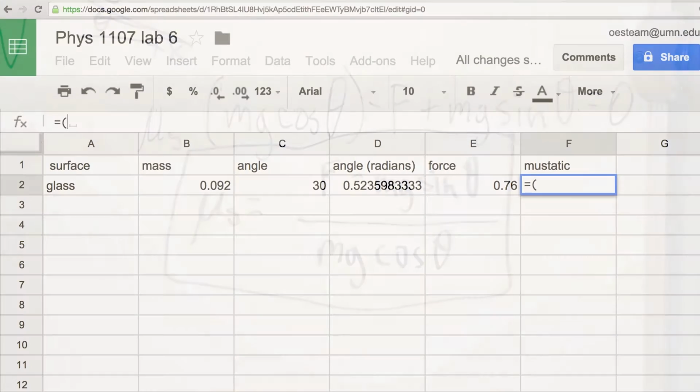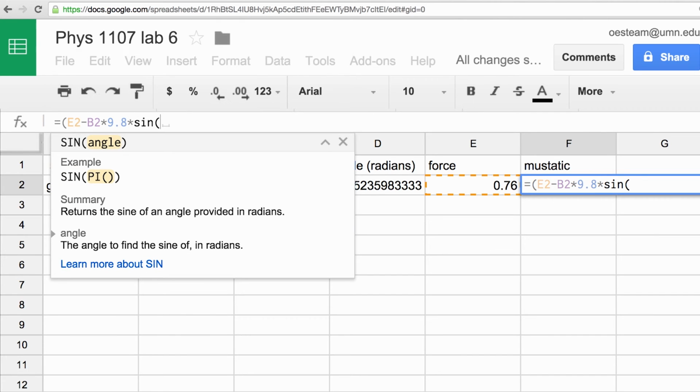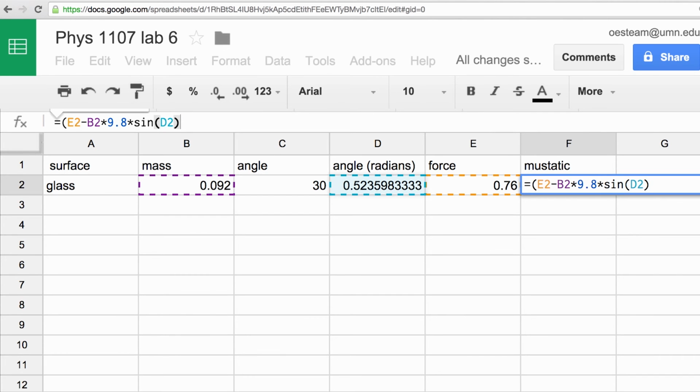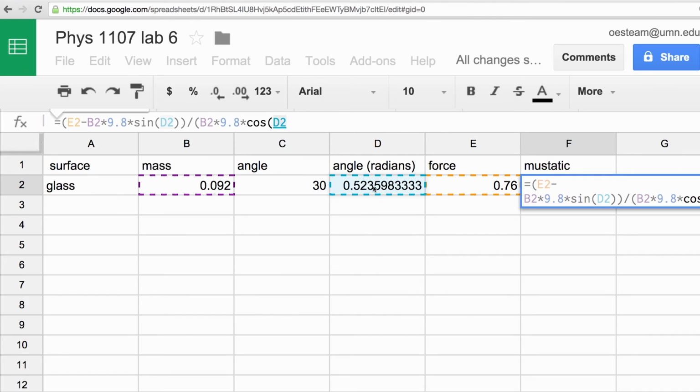So I get equals, the force minus mass times 9.8 times the sine of the angle, and I want that divided by the mass times 9.8 times the cosine of the angle.